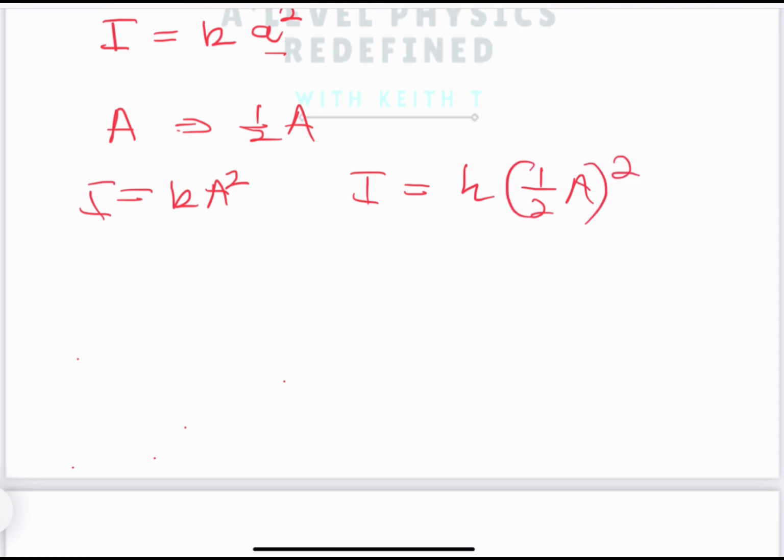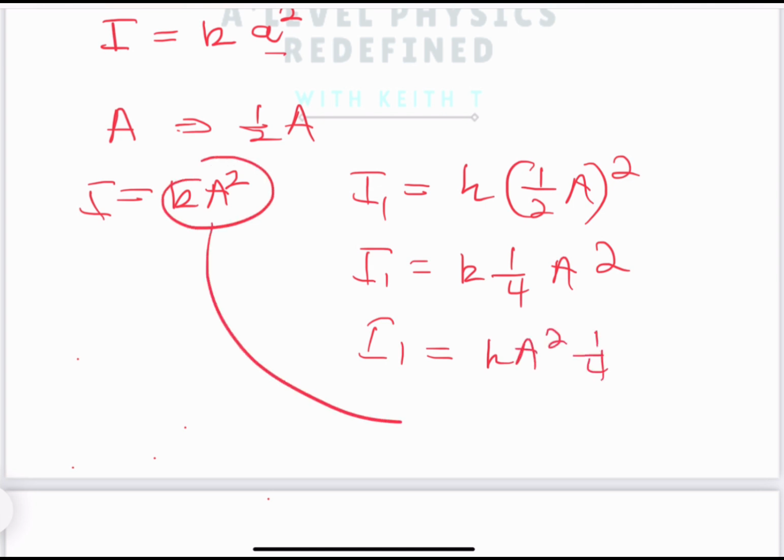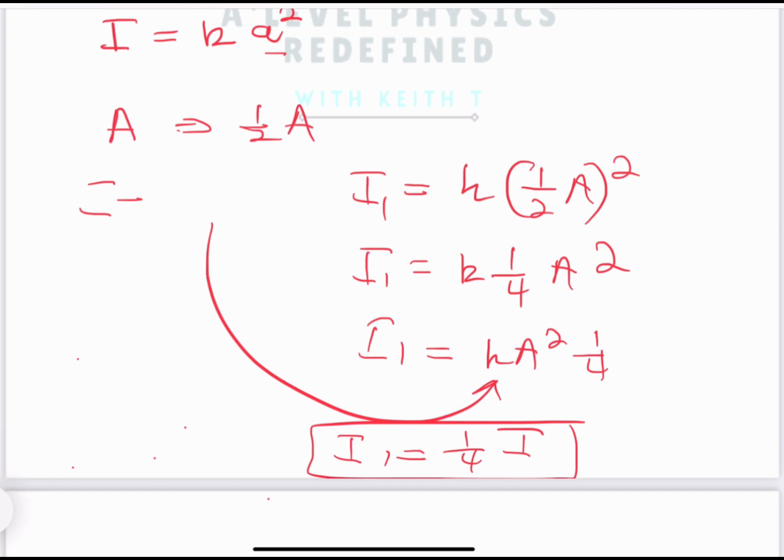So always put that half of A squared, meaning that I1 will be K times 1/4 A squared, but KA squared is I. Therefore, I1 equals 1/4 of I. So basically, this is one method that you can use. You just know what your new amplitude is, substitute it into that equation and you get your value, right? So it's a relationship that you can use to find the intensity given a change in amplitude.